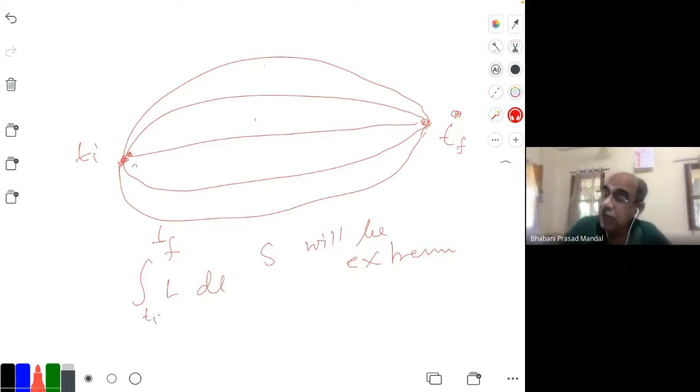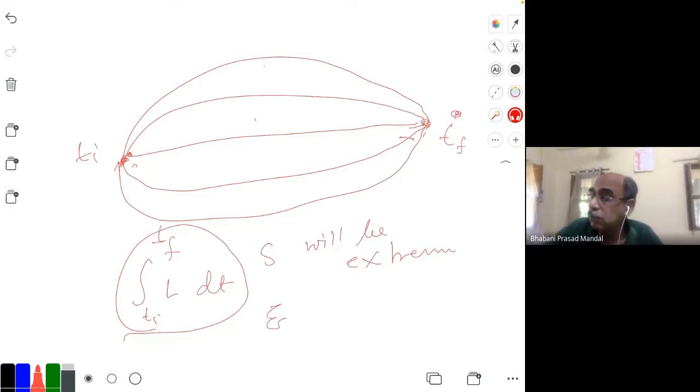Similarly, classical mechanics follows Hamilton's principle, which means the system will go from initial time to final time with minimum action. Action is this mathematical quantity which will be minimum. We will use this concept to find the equation of motion in terms of Lagrangian. So this will be our job.